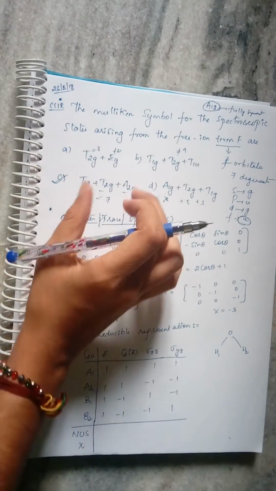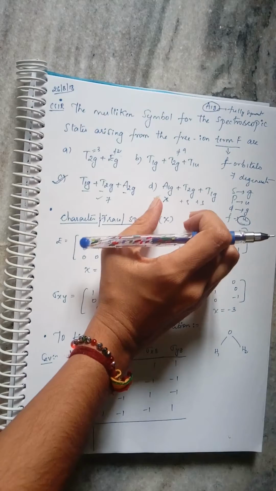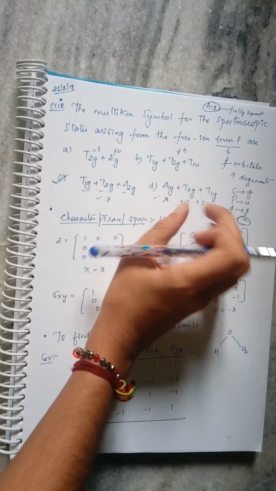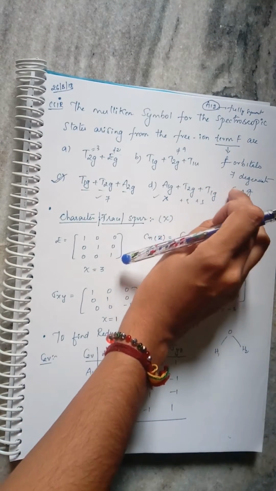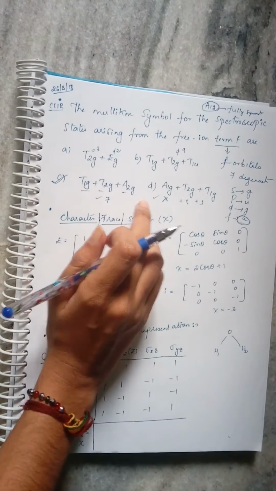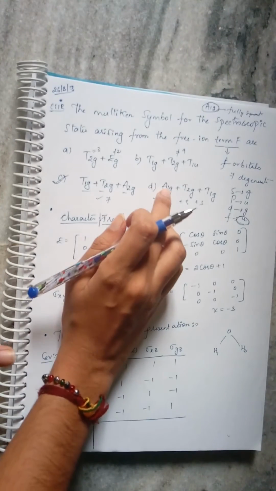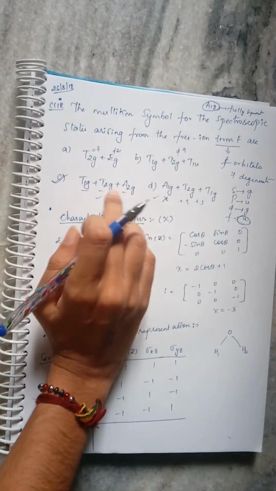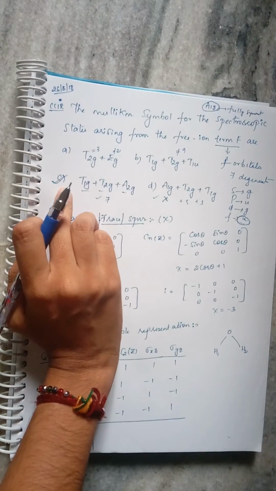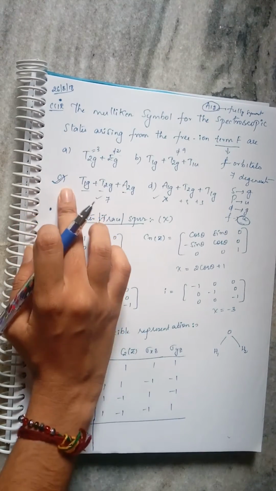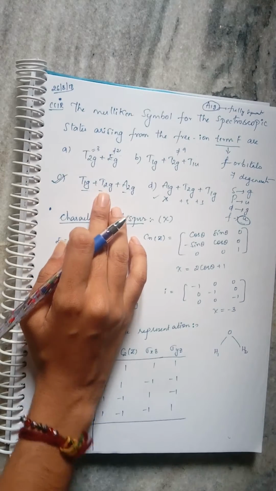So look for the option whose total states come out to be 7 and which is unsymmetric. A1g is more symmetric compared to A2g, so option C is the right answer. This is just logic. Please remember it only from the exam point of view.